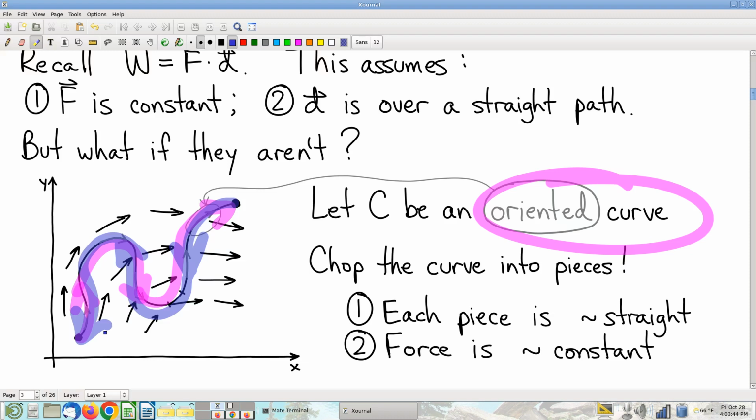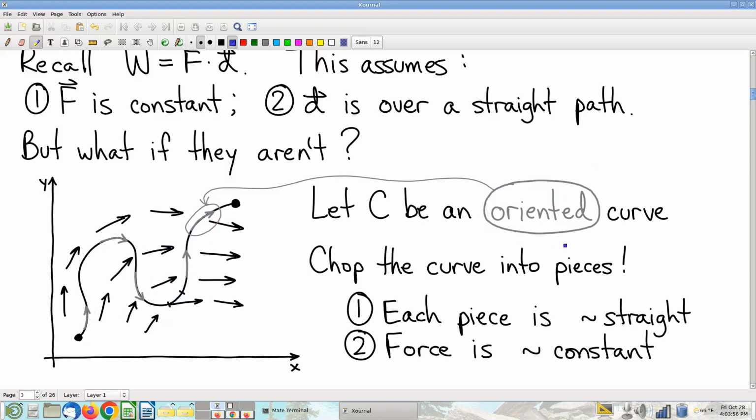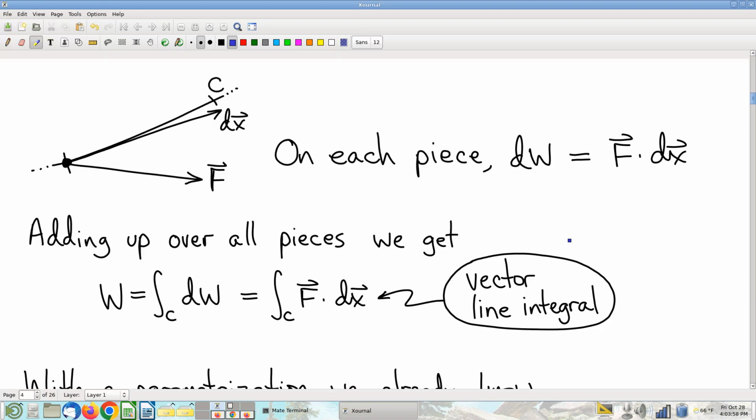Okay. Now, related question: how bad's it going to be if you parameterize backwards? Are you going to get a completely random answer? Well, actually, no. If you parameterize backwards, all that's going to happen is, on these little pieces, where your dx vector should have been that, you will instead get that. Your dx vector will be off by exactly a minus sign. That'll be the case for every one of these terms.